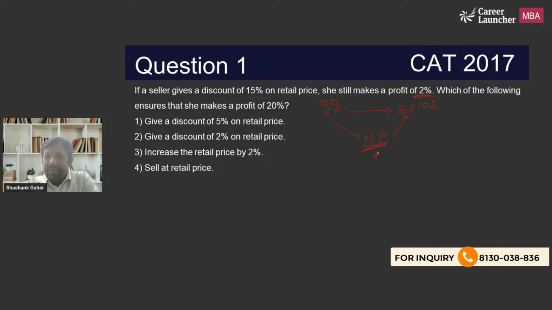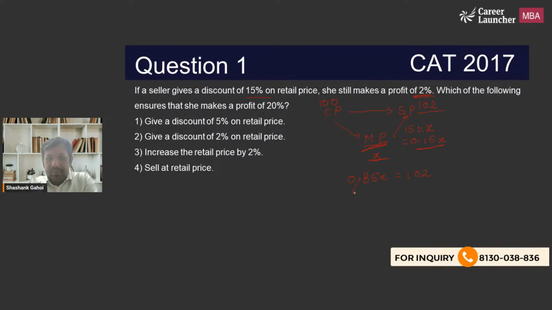So let's say mark price is X and I'm going to get a discount of 15% of the mark price, because discount is always calculated over mark price or retail price. So I can say this is 0.15X. So mark price minus discount is equal to sale price. So basically this comes out to be 0.85X and that should be equal to 102.